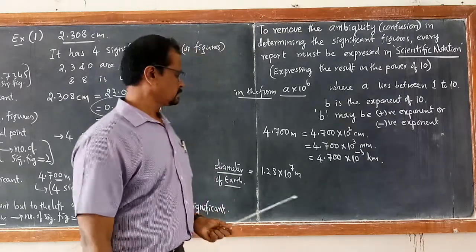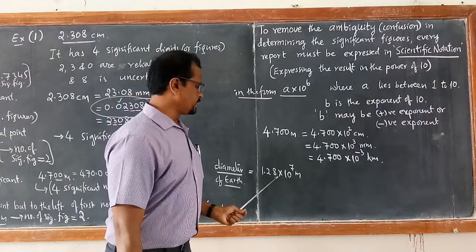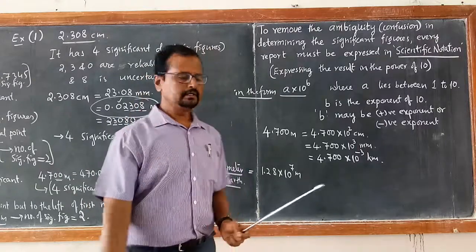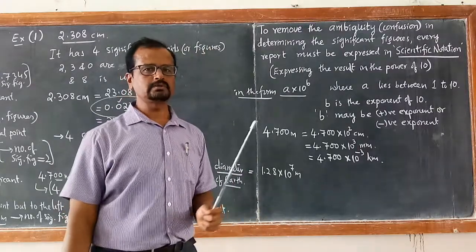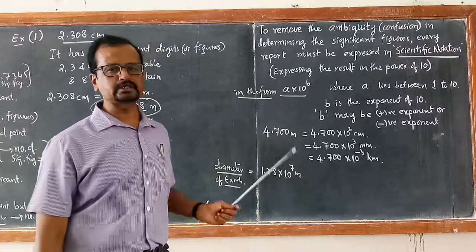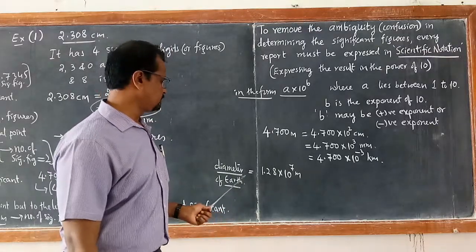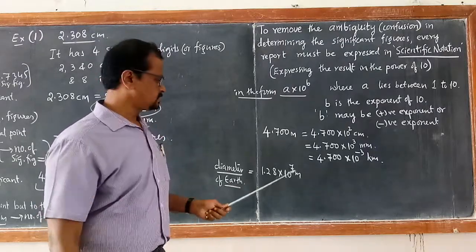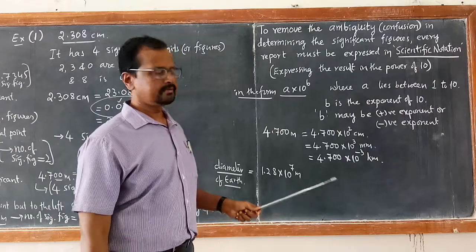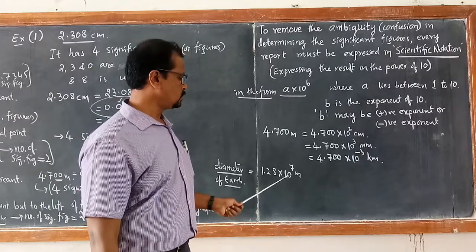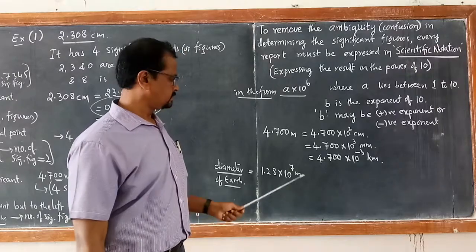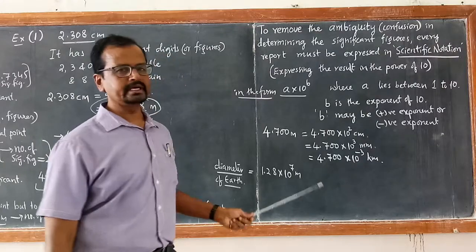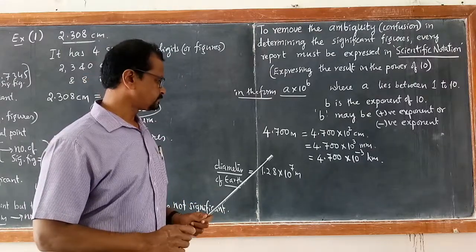We know that it is 12,800 kilometer. Radius of earth is 6,400 kilometer, so the diameter of earth is 12,800 kilometer. But when we express it in scientific notation, we should express it in SI units and in the order of magnitude. So 10 to the power of 7 meter is the order of magnitude in terms of meter. This is the way we express in scientific notation.